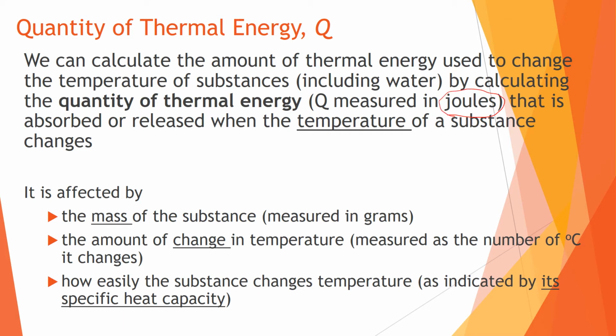Now, you might be familiar with another form of energy measurement called a calorie. Just like feet and inches are imperial measurements used in the United States, joules is the metric version of calories. So it's just how much energy is being put into a substance or taken out of a substance. So joules is energy.